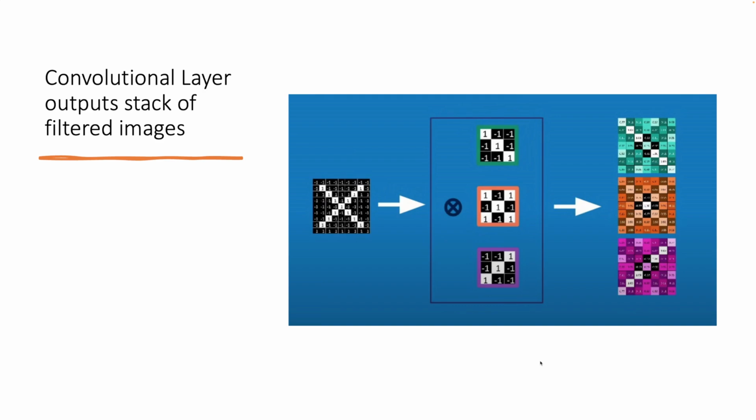And that's really the difference between a fully connected network and a convolutional network, right? The fully connected network is going to have all of the outputs connected to the next layer's inputs. And in convolutional layers, they don't do that.